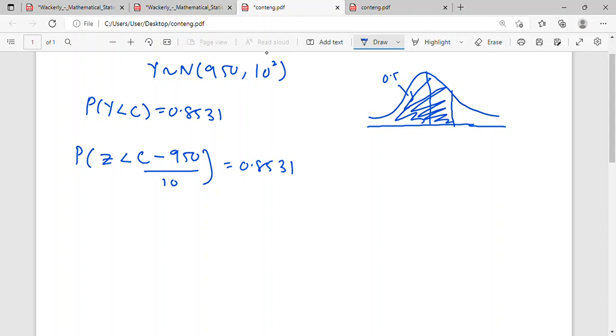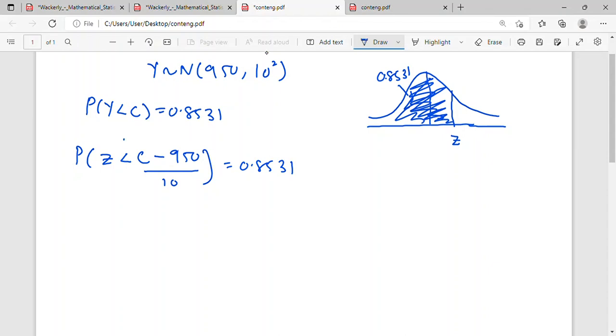So logik tak kalau I letak dekat sini value Z tadi? So kalau sebelah sini semua sekali ni adalah 0.5 dan 0.8531. Logik lah, kan? So value Z ni adalah positive value.